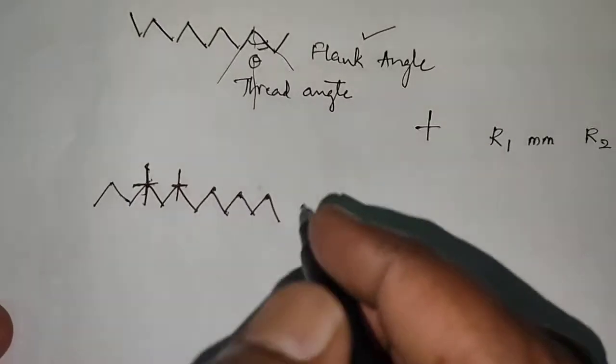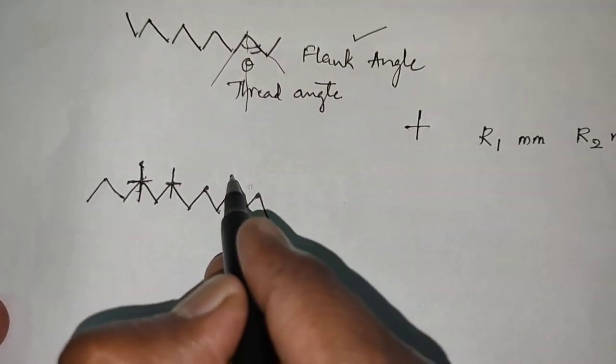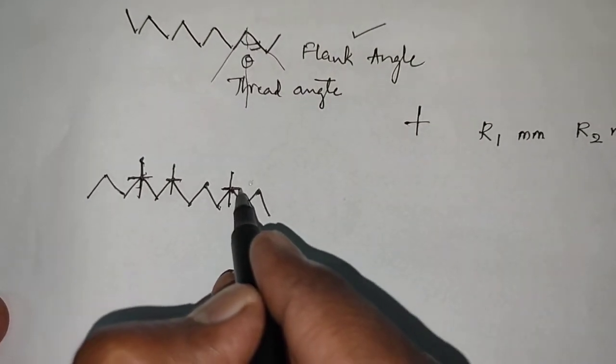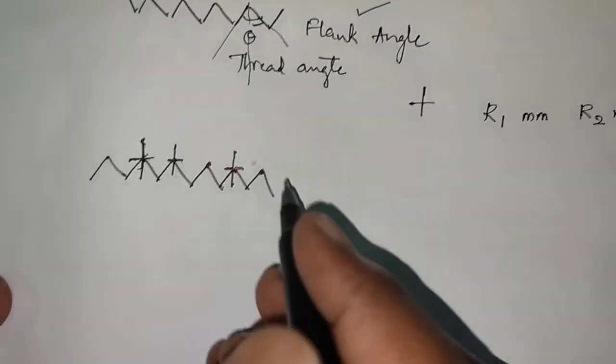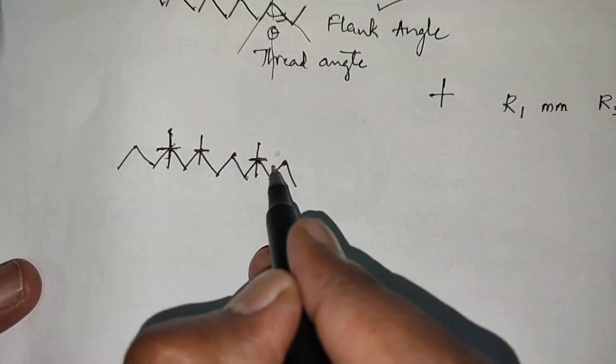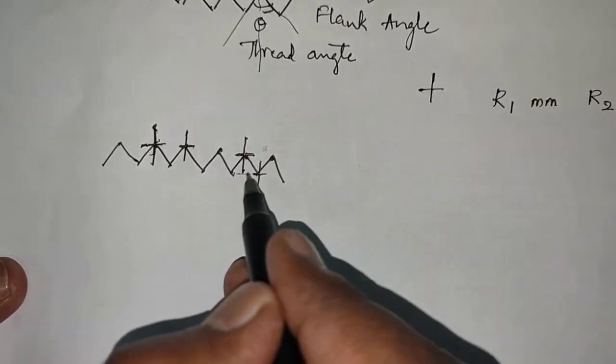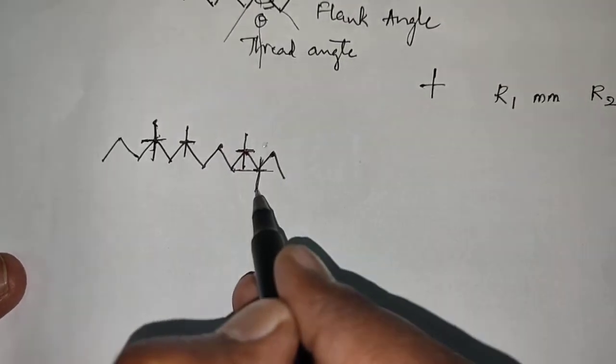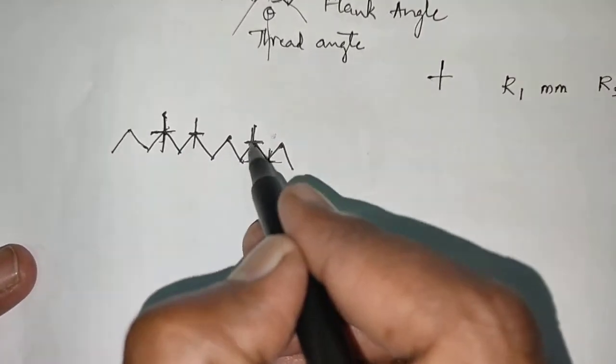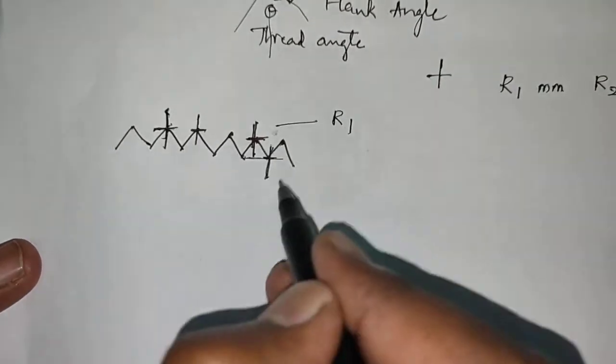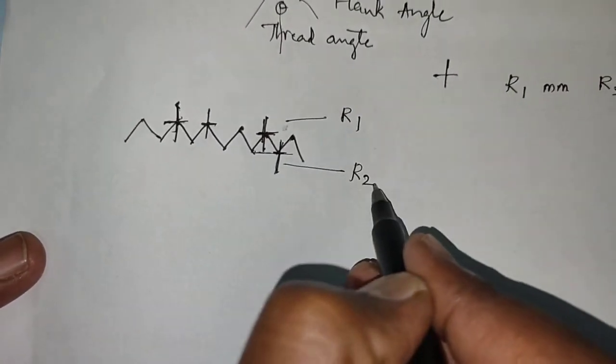In the same way, to find out the depth, first the pointer has to be kept at this point, and then using the another micrometer we have to keep the pointer on this point like this. For this note down R1 and for this note down R2.